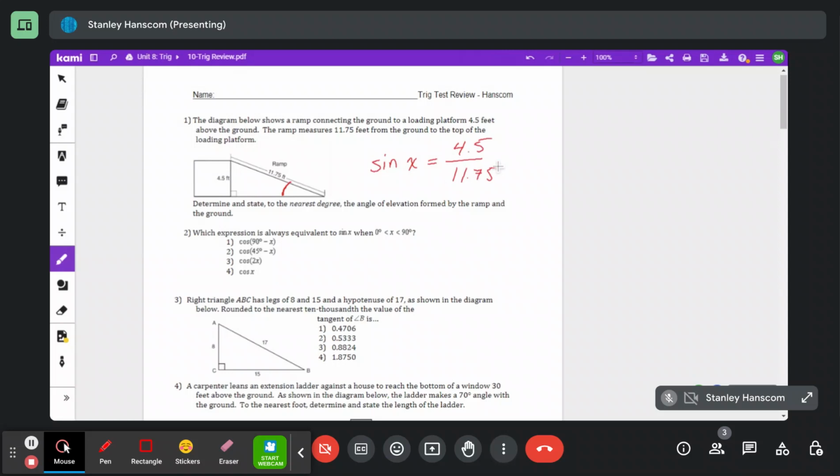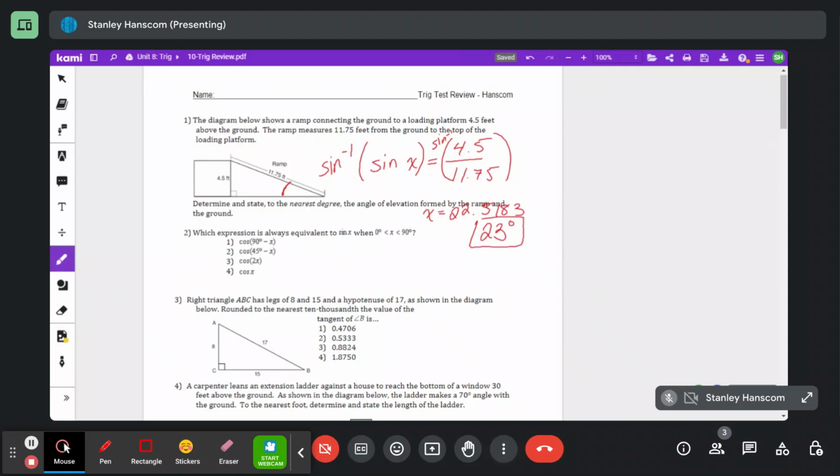So I need to take the inverse sine of both of these sides, and that will end up giving me the value of x. This will require use of the calculator, and then you're going to have 22.5183, or approximately 23 degrees if we round that.